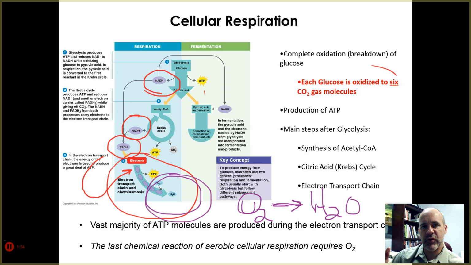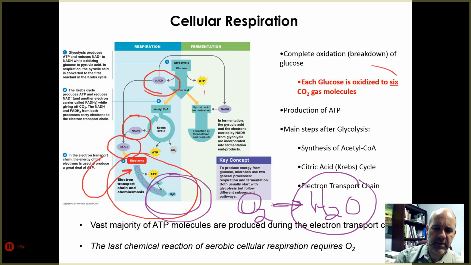Oxygen gas is actually used at the very last step of the electron transport chain, and oxygen gas molecules get converted into water molecules, as we'll see as we talk in a little bit more detail about that story. So if you are an aerobic type of organism like we are and many microorganisms are, the reason you must have oxygen gas is because it is used for the very last chemical reaction of the electron transport chain.